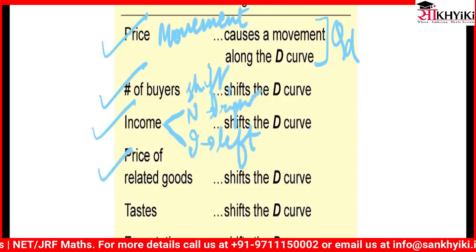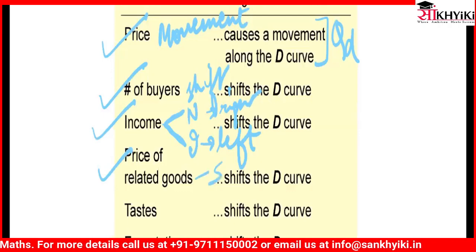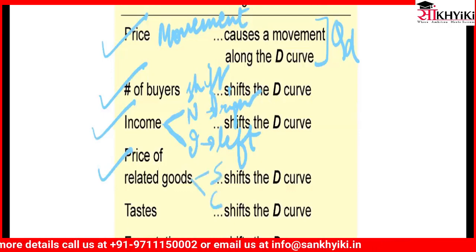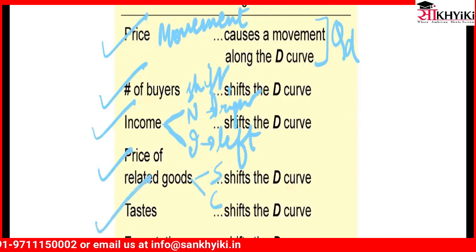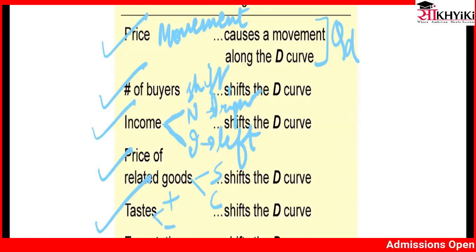Price of related goods again depends on whether I'm talking about substitutes or complements. Both of them have a scenario. Taste, whether I develop a positive taste or a negative taste towards a thing. It might be possible that for some time now, we don't want to eat street food because we want to take care of our hygiene. So we can develop a negative taste towards something also.